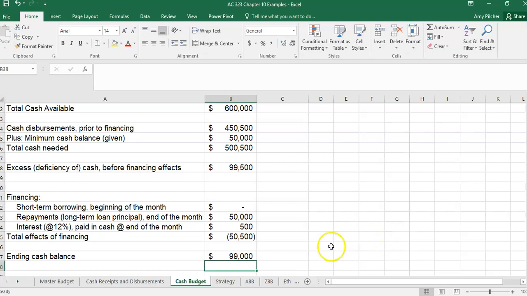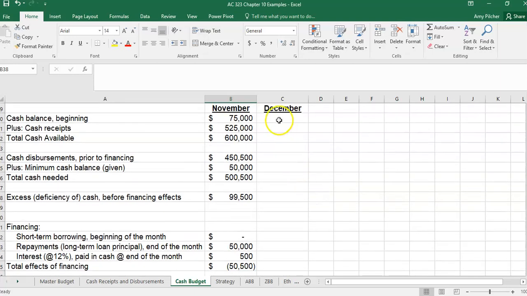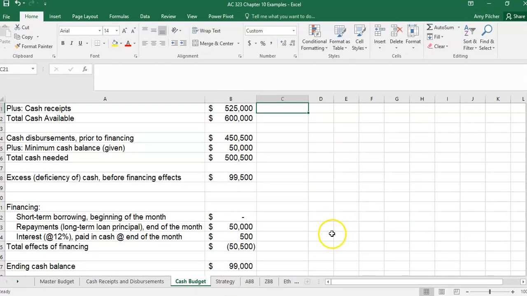So we have an ending cash balance of $99,000. That is our beginning cash balance for the month of December.